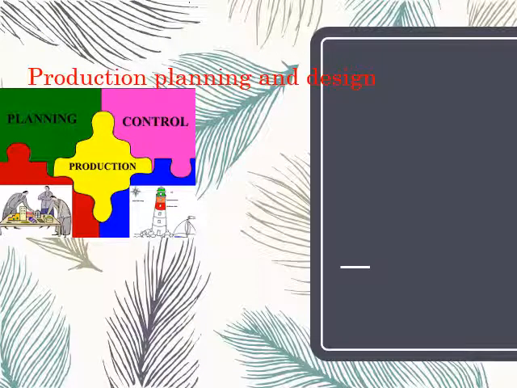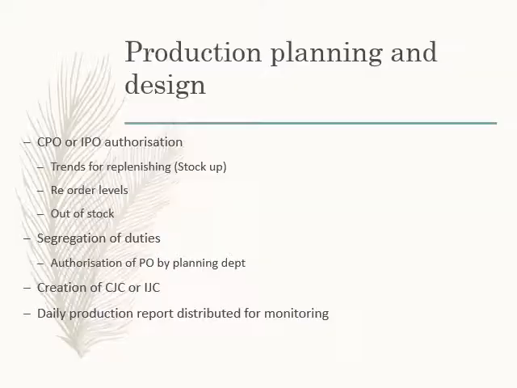We will now have a look at the production planning and design phase of the inventory cycle and have a closer look at what type of activities you can expect in this phase and also what type of controls we can expect. So this is the start of the whole production process, and it would typically commence with the issuance of an authorized and pre-numbered customer production order, a CPO, or an inventory production order, which is an IPO.